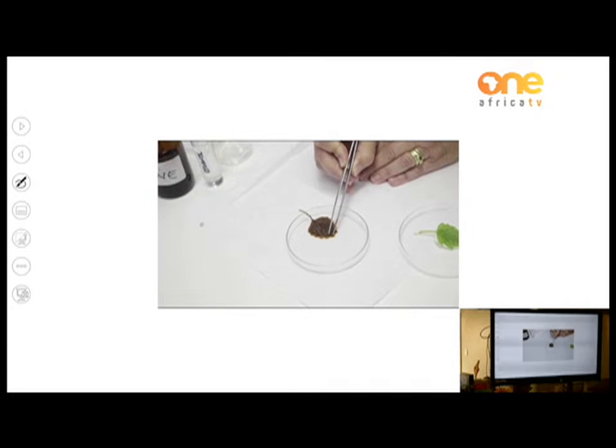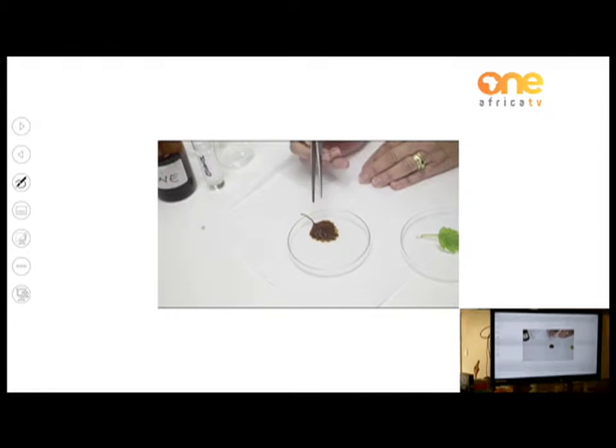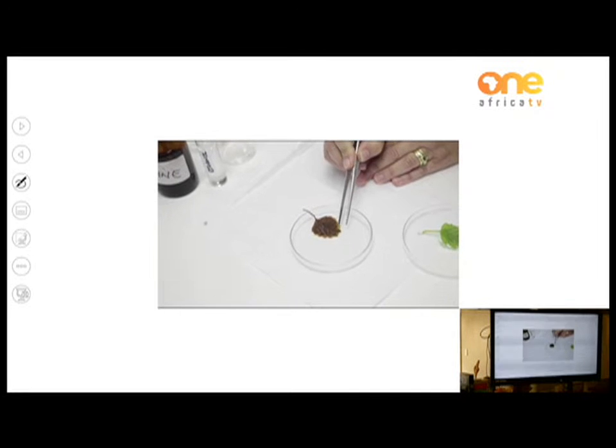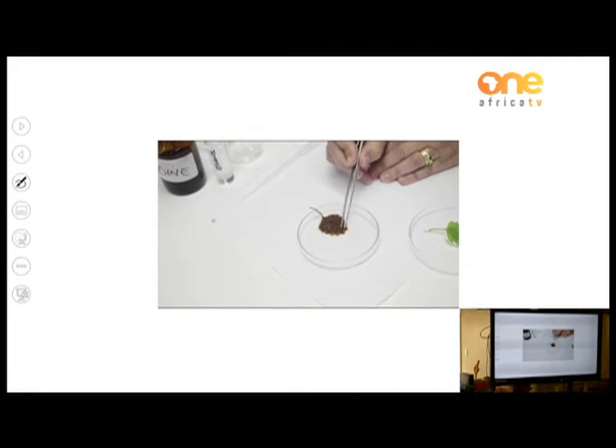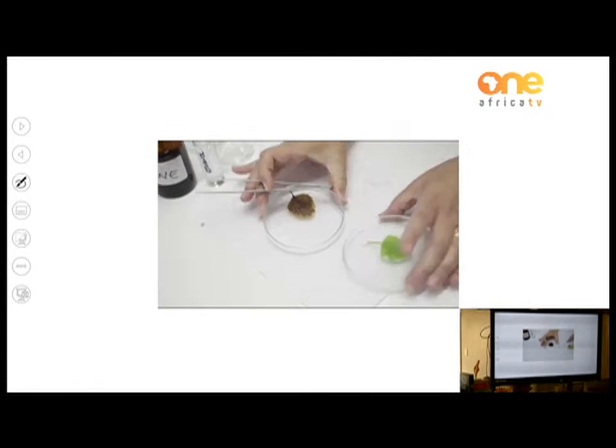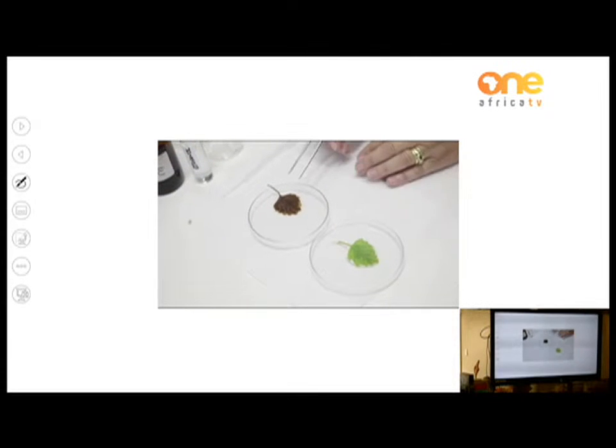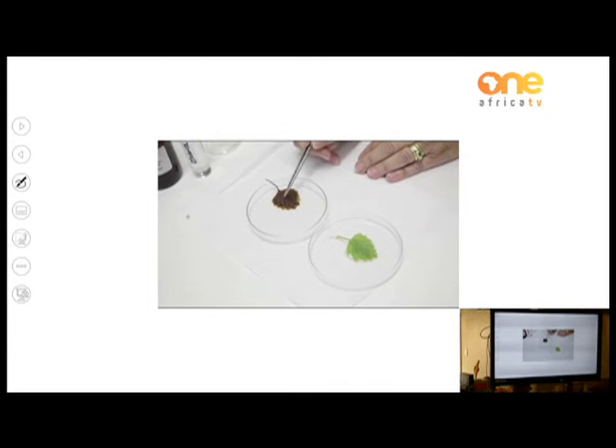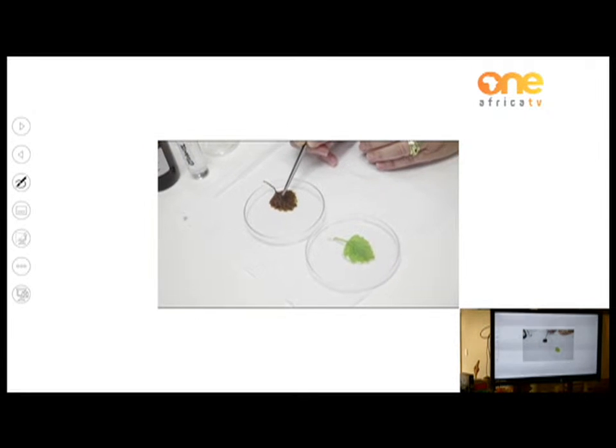But on the margin, where we see that no chlorophyll was present, we will see that the iodine solution has stayed its brownish color. The middle of the leaf, if we compare it to this leaf, shows that the parts that contain chlorophyll have turned to a darker color.